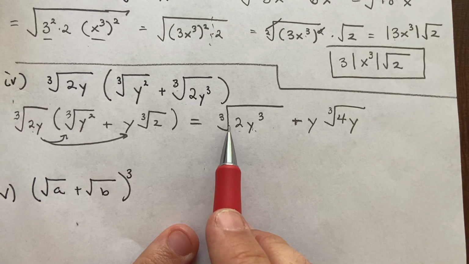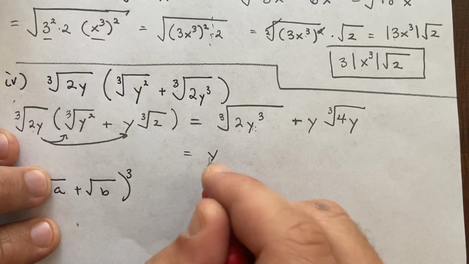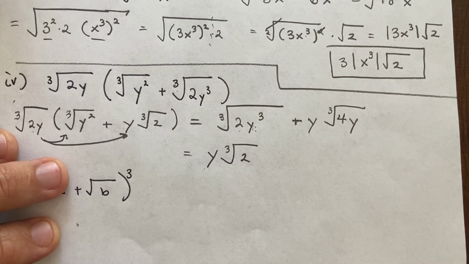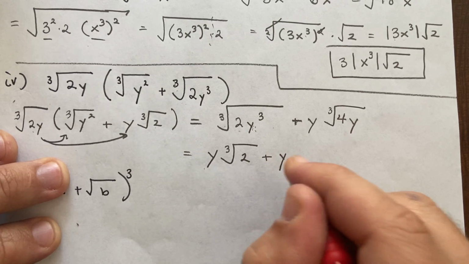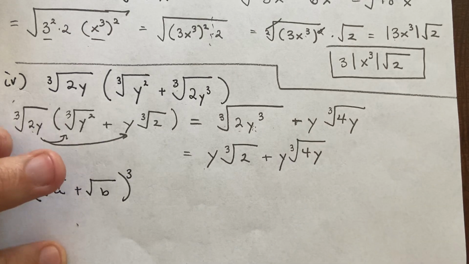Here, again, another cube root of something cubed, so I can say y times the cube root of 2 plus y times the cube root of 4y.